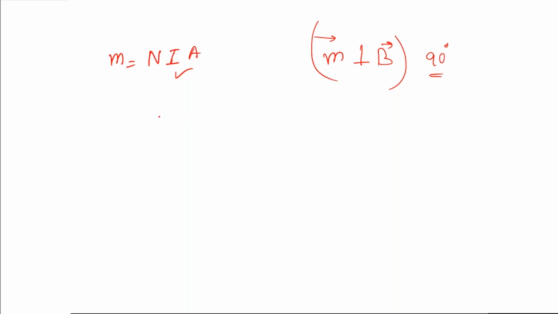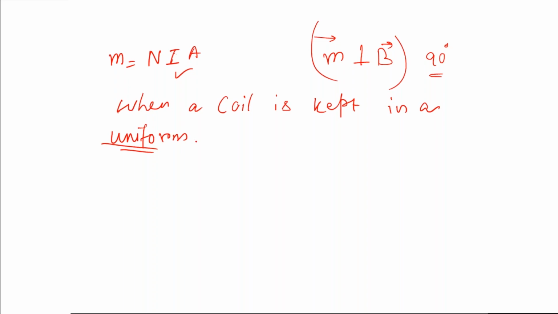I write, when a coil is kept in a uniform magnetic field, I hope you know the term uniform. Uniform means the magnetic field is constant everywhere in the region.